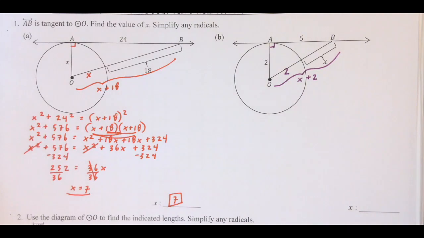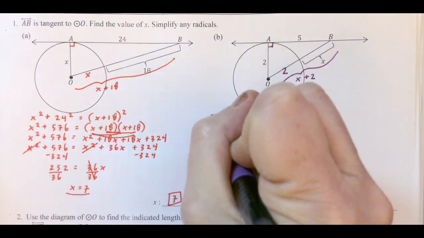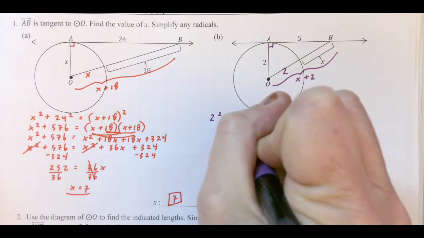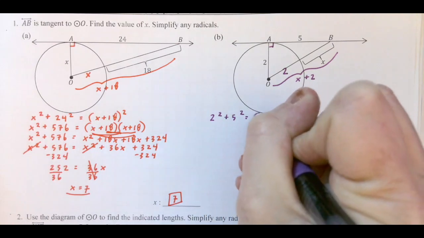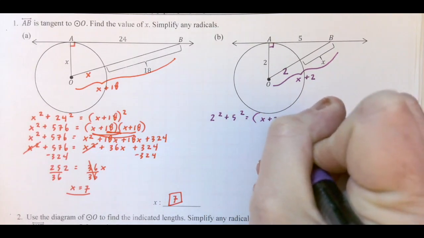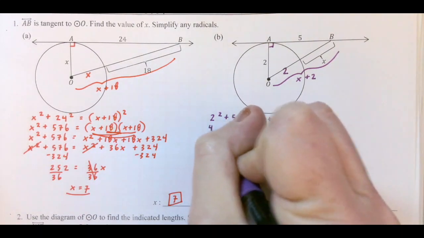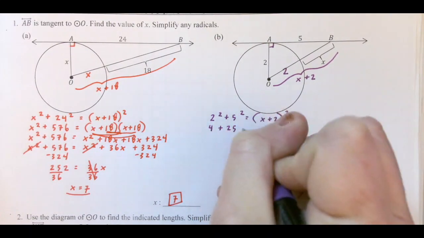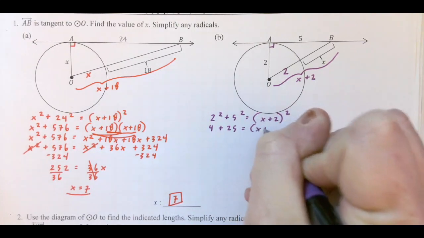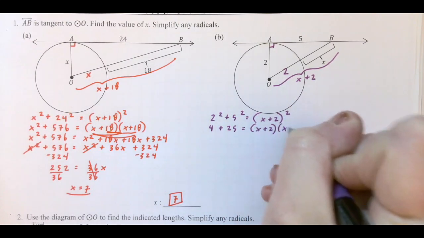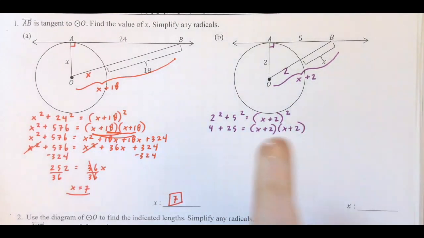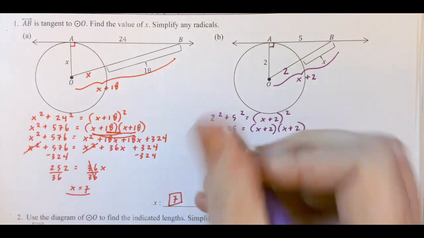Okay, back to Pythagorean theorem. So I know that 2 squared plus 5 squared equals the package of X plus 2 as a quantity squared. So now 4 plus 25 equals X plus 2 times X plus 2. Right, I know that I'm going to have to FOIL that out.